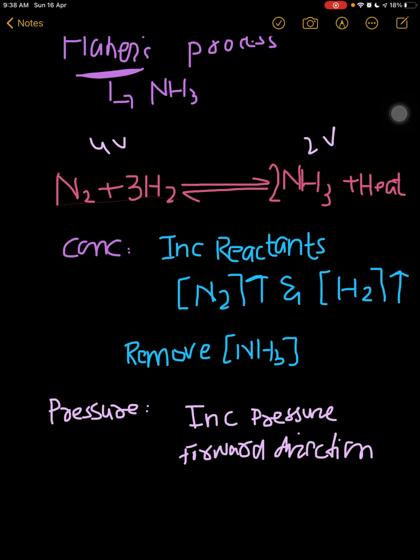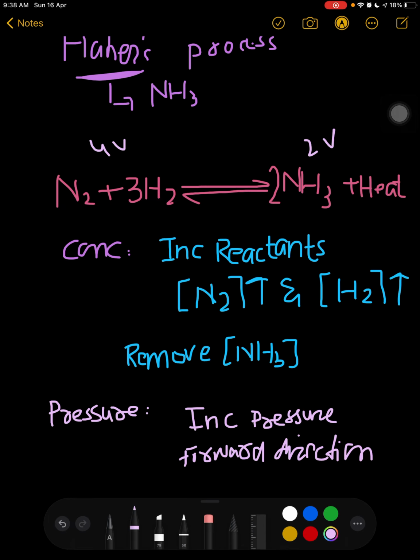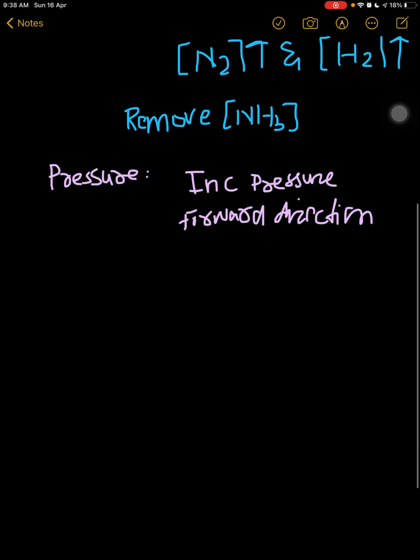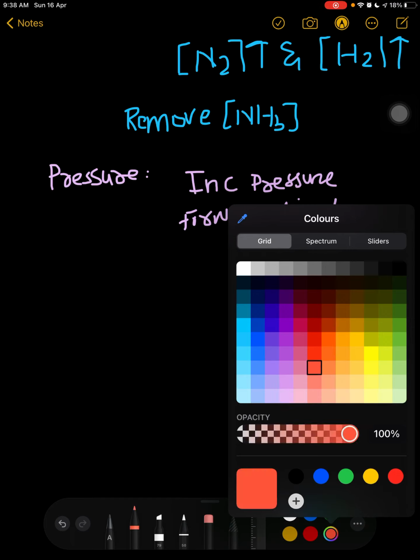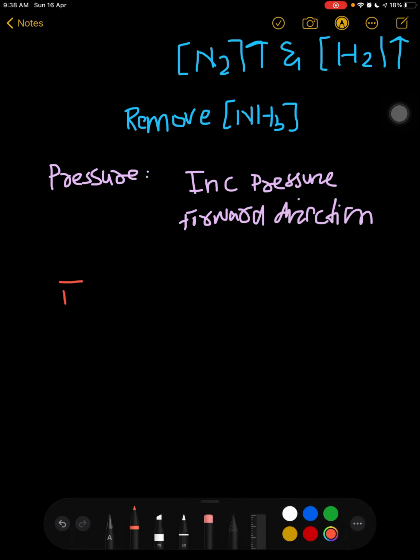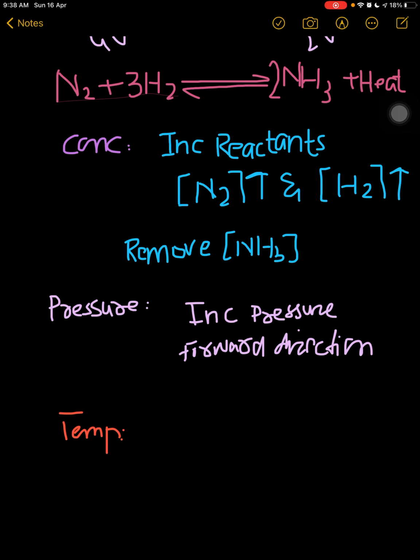Now if we talk about the temperature, let me write over here. If we have temperature, then what is our reaction? We know that when we increase the temperature, the reaction goes towards the side where it is endothermic.